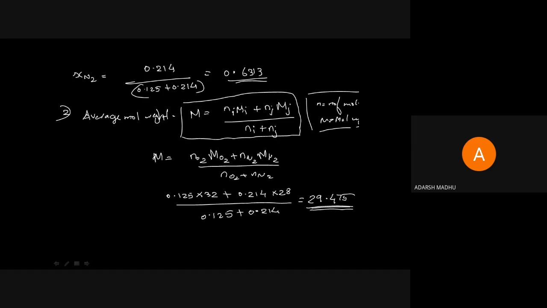And the third question is to find the specific gas constant. Specific gas constant means the R value. It is also called the characteristic gas constant, R. To find R, you know that there is a relation between R, R naught and M. R naught is the universal gas constant.